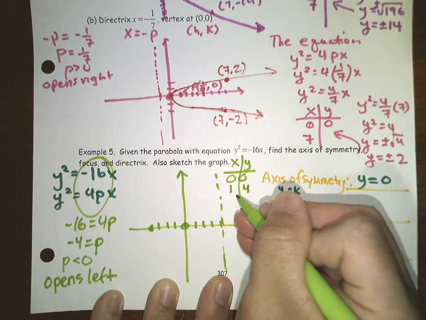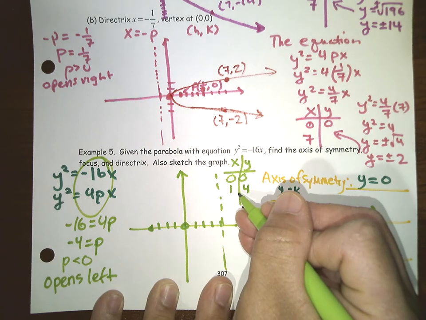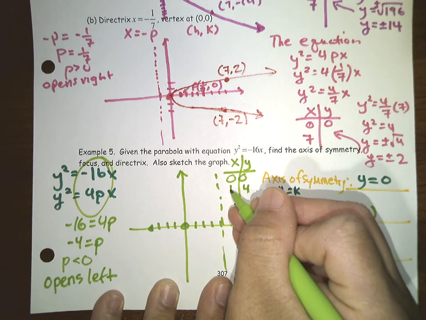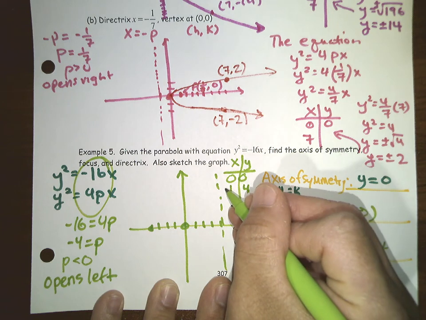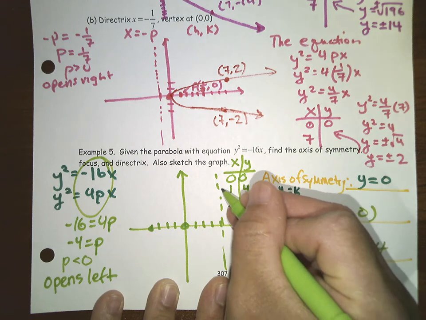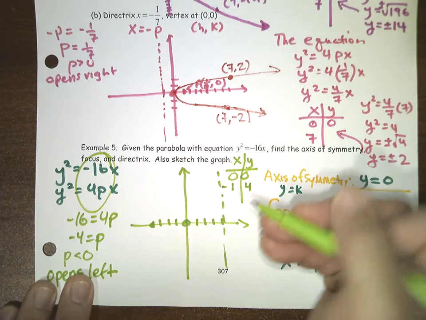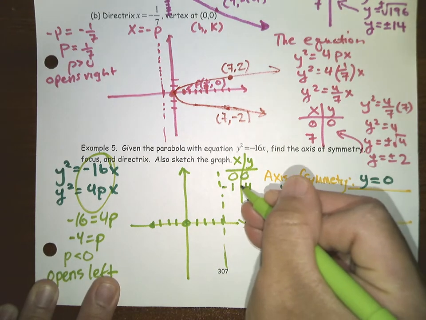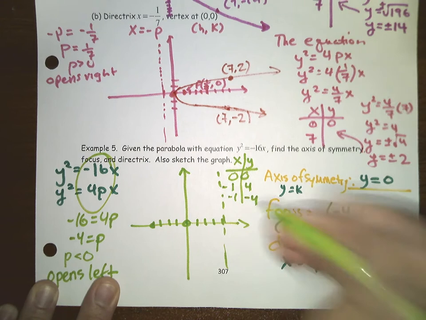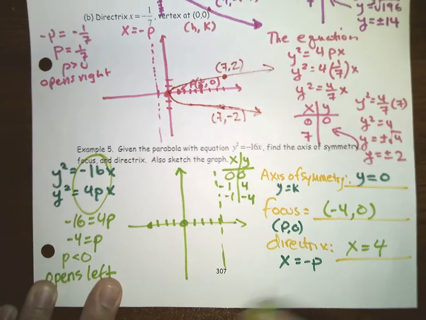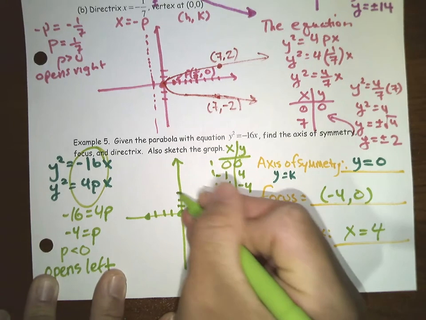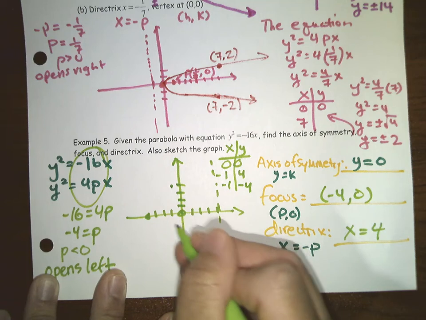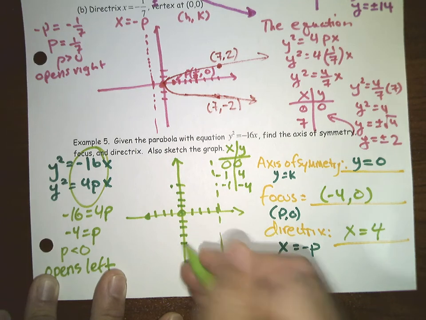Actually, if you pick 1, you get a negative 4 in the square root, so an imaginary number. So with negative 1, you get a 4 and a negative 4. So remember, this is not going to be a function. So you have negative 1, 4 and negative 1, negative 4.